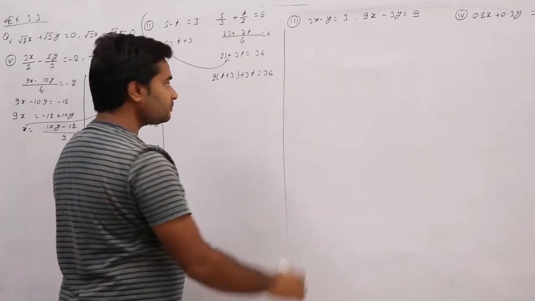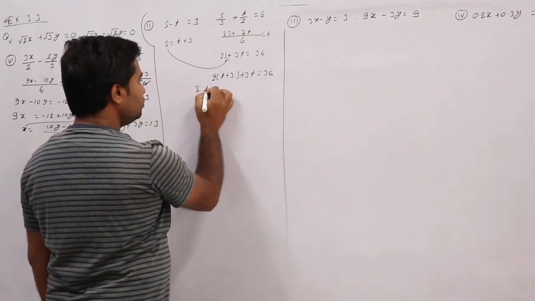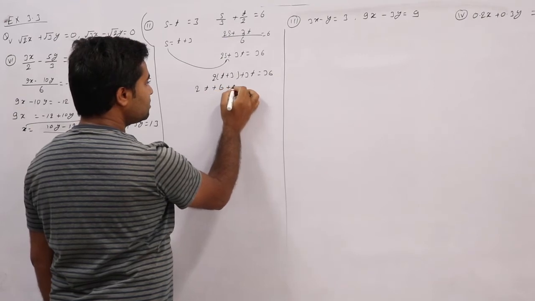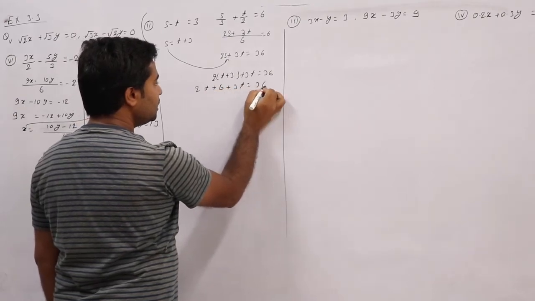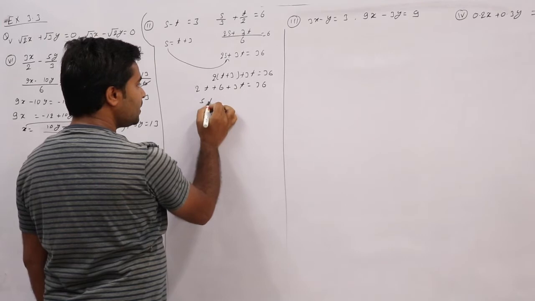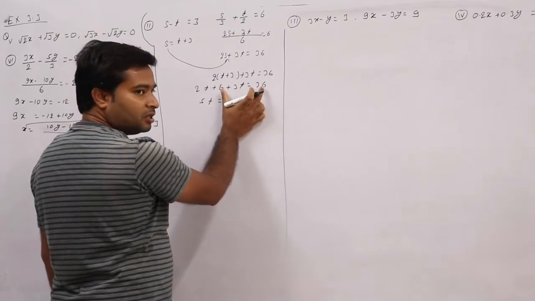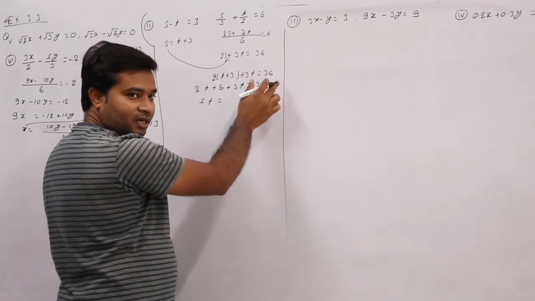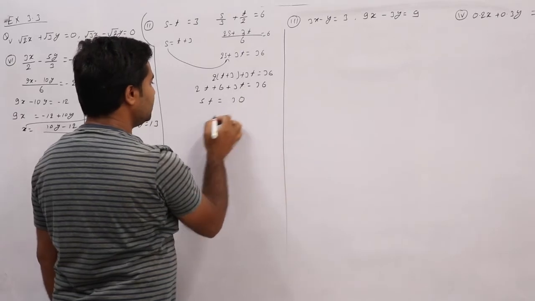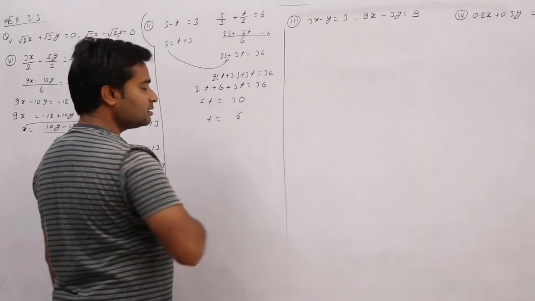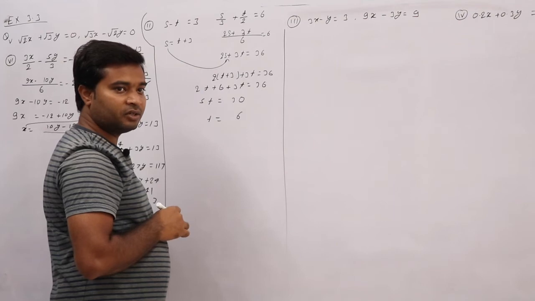So 2t plus 6 plus 3t is equal to 36. 2 plus 3, 5t is equal to 36 minus 6, this side minus 6. So it's equal to 30. So t is equal to 6, 6 5s are 30.